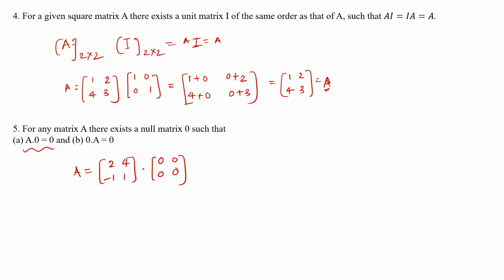The product will always be 0, provided the matrix multiplication condition is satisfied, that is, the number of columns is equal to the number of rows. Here both are 2 cross 2 matrices, so the number of columns and rows are the same, so this can be done.